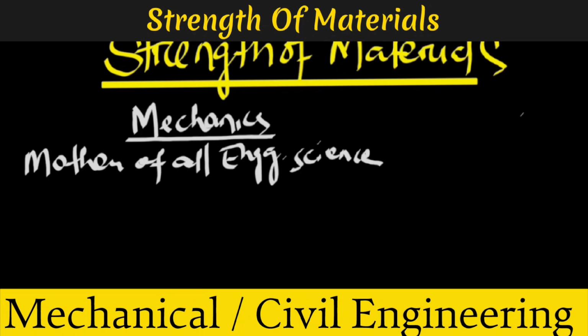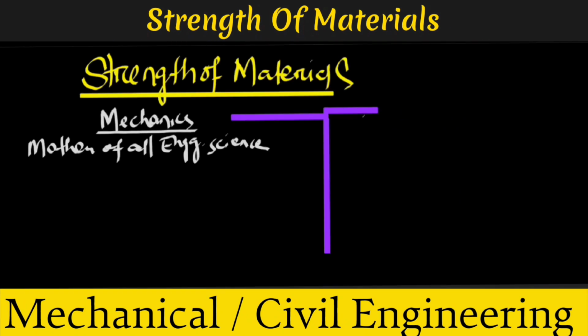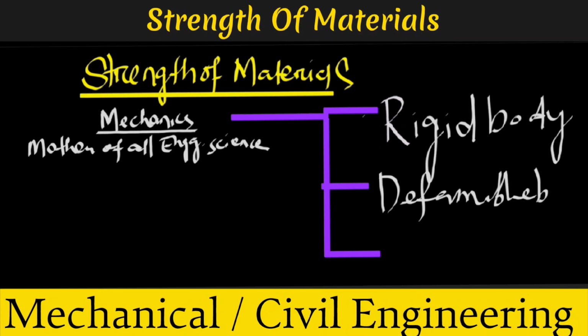So here, mechanics has three types. One is rigid body mechanics, the second one is deformable body mechanics, and the third one is fluid mechanics.